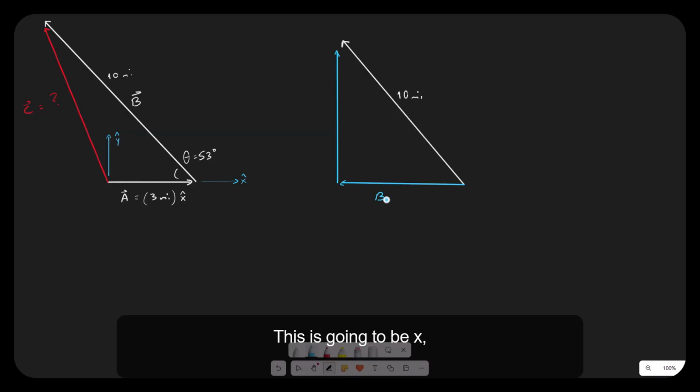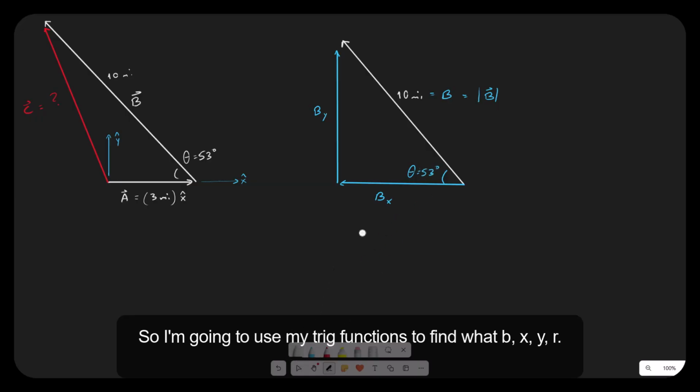This is going to be bx, by, and this is just b. Without a vector sign, that is saying this is the magnitude of vector b. I also know that this angle in here is 53 degrees. So I'm going to use my trig functions to find what bx and by are.